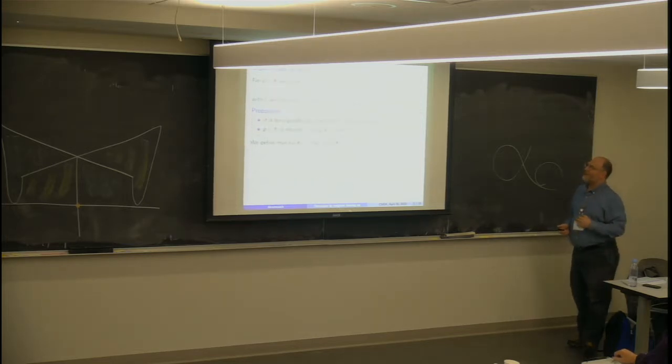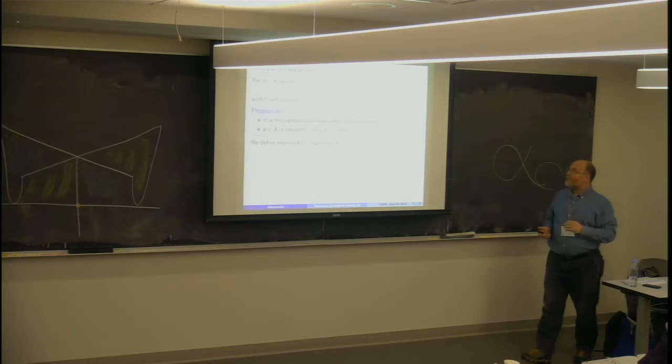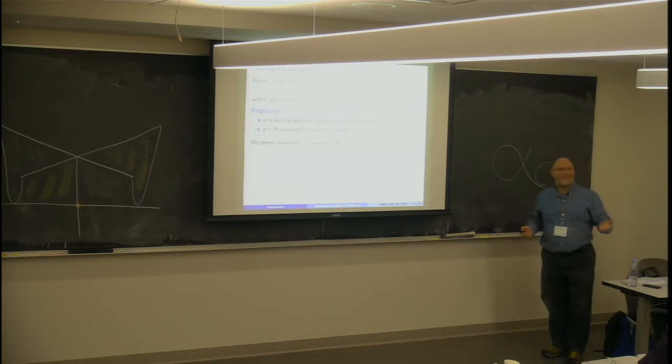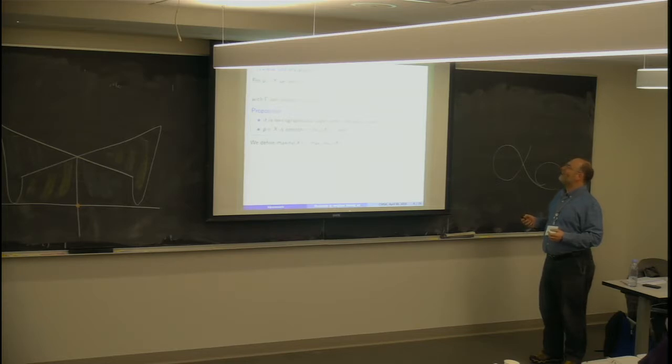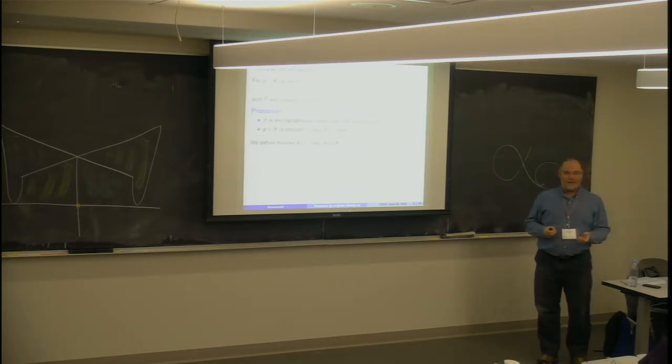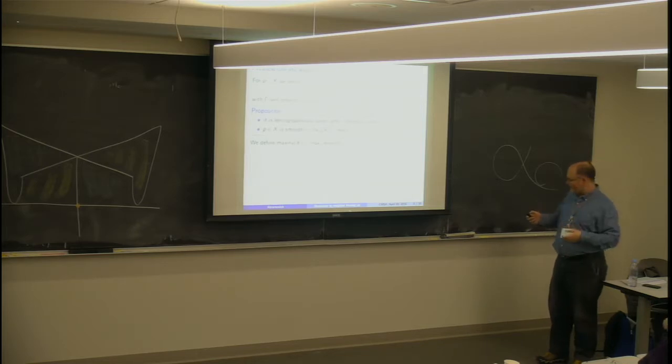So a preview on invariants. For a point p in my variety X, we define a number associated to the point, and we call it inv_p, just not being very inventive. It sits inside a well-ordered subset of the set of sequences of positive rational numbers.